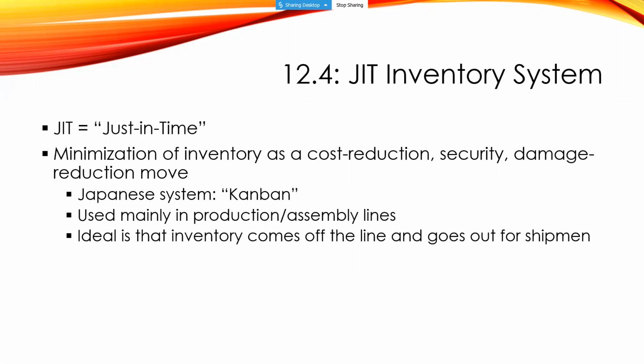Used a lot in assembly lines. The ideal is that inventory comes off the line and goes out for shipment. It doesn't ever sit in inventory. Another ideal is that raw materials come off the truck, come right onto the assembly line, and start production off. Finished goods roll off right into a delivery truck for going to the stores.